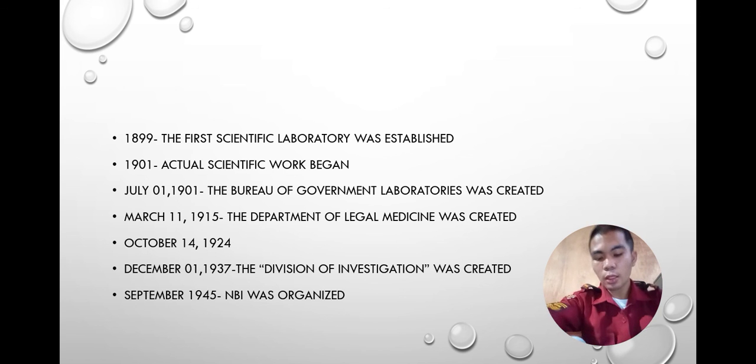Then the last one is September 1945. The National Bureau of Investigation was created. It was organized with the Division of Investigation as a nucleus. The Chemical Laboratory of the Medical Legal Section was expanded into a forensic chemistry laboratory.